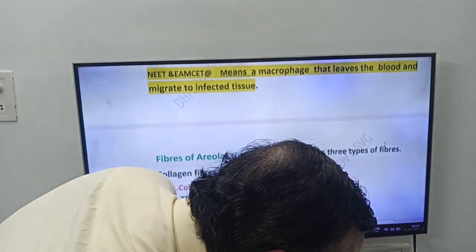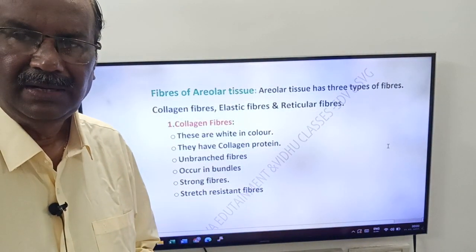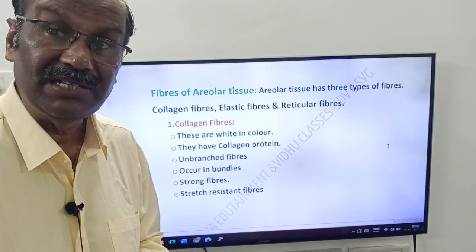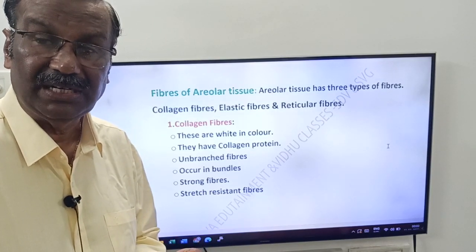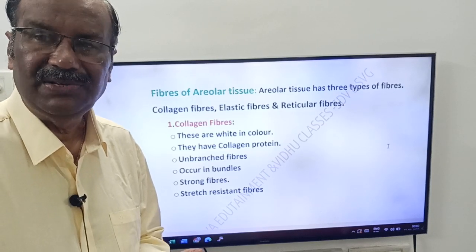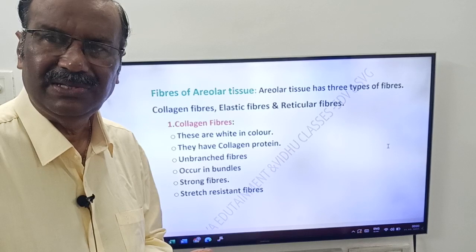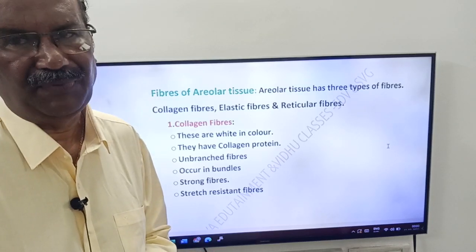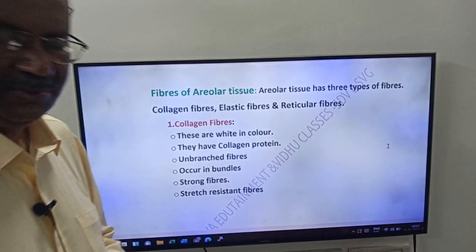Okay, friends. Now come to fibers of areolar tissue. As of now, we discussed cells of areolar tissue, friends. How many cells are there? 5 types of cells are there. What are they? Adipocytes, plasma cells, fibroblasts, mast cells, and macrophages. Next, friends, come to fibers of areolar tissue.